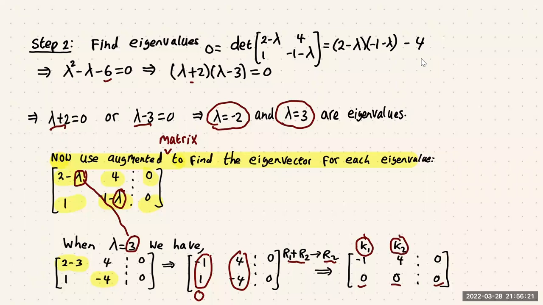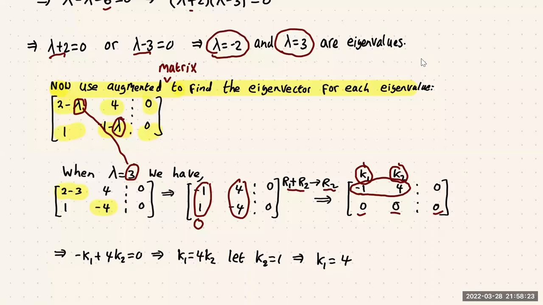And the variables here, I'm calling K1, that's the K1 column, and the K2 column. So this guy here would be saying negative K1 plus 4 times K2 equals 0. So let me write that. Okay, so again, we'll have a negative K1 plus 4K2 equals 0.